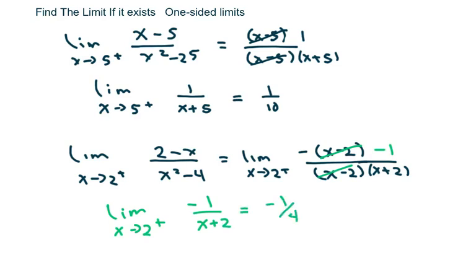Okay, the next two we're going to do is the limit as x approaches negative 3 from the left. That means if you put in values of negative 4, negative 3.1, and so forth, what would be the limit? So we have this one. Now if you think about it, as you put in negative 3, you're going to get a 0.